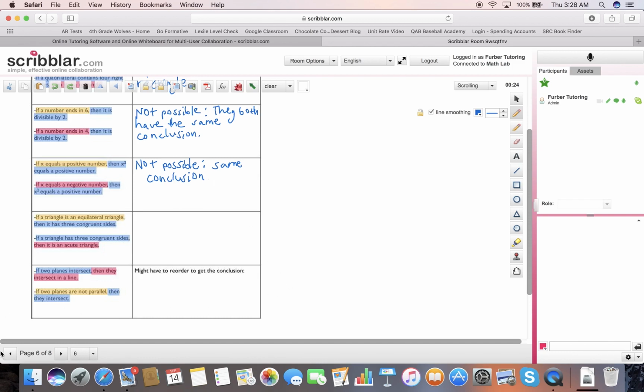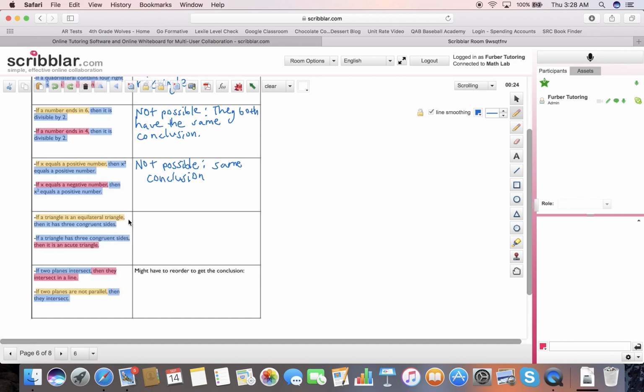If a triangle is an equilateral triangle, then it has 3 congruent sides. If a triangle has 3 congruent sides, then it is an acute triangle. So see, look, the conclusion of one is the hypothesis of the other. So it's leading me from one thing to another. If a triangle is an equilateral triangle, then it has 3 congruent sides. If it has 3 congruent sides, then it is also an acute triangle.